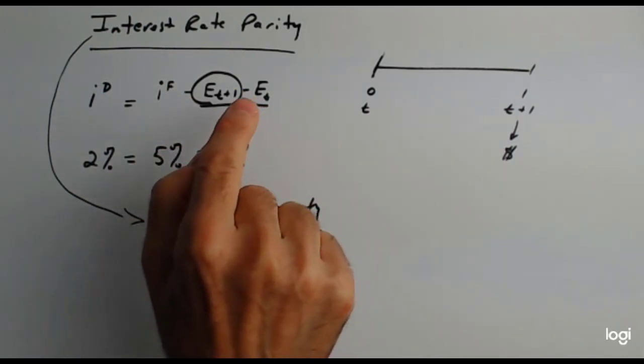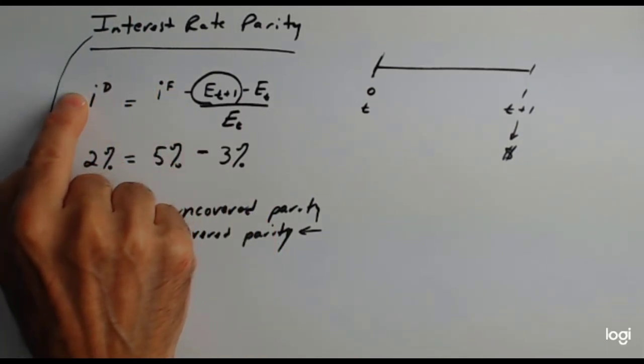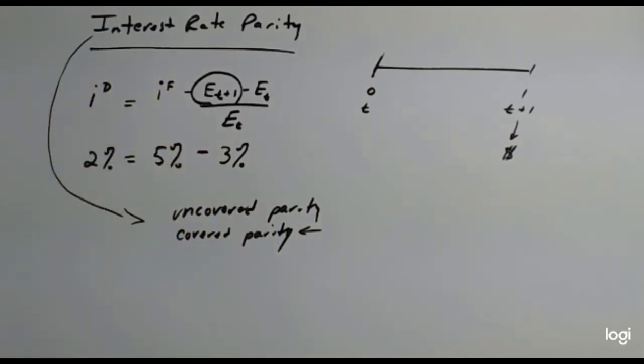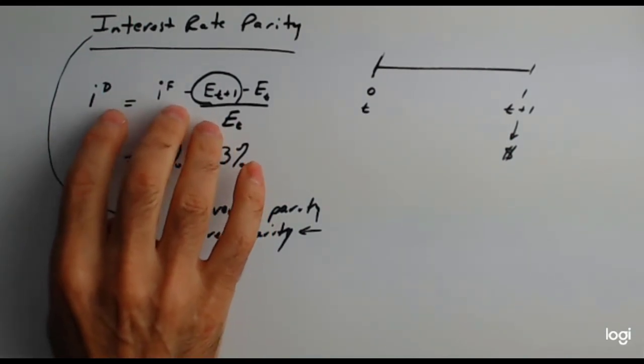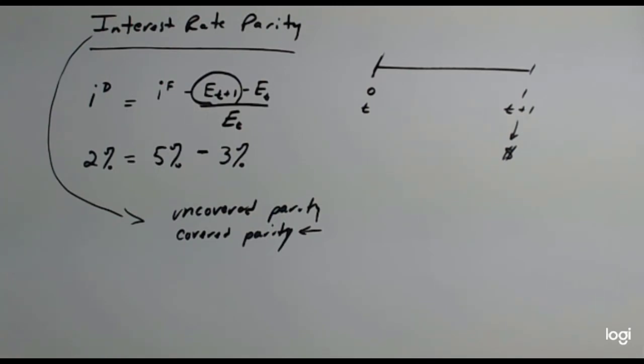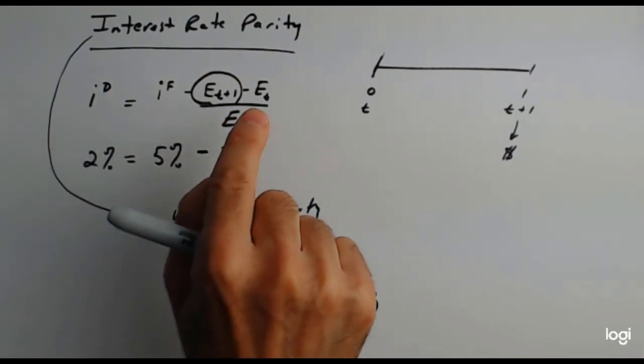And not only that, exchange rates and foreign rates can have an effect on domestic rates also. So my point was to have you become aware of this equation and these relationships that are going on in the economy, that there is an interesting relationship between domestic interest rates, foreign interest rates, and exchange rates.